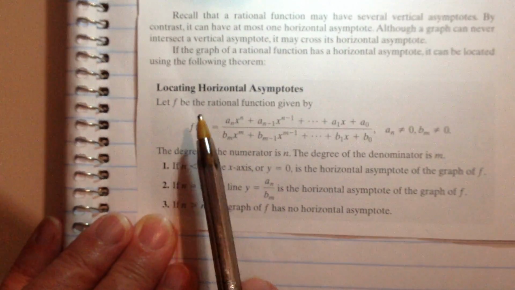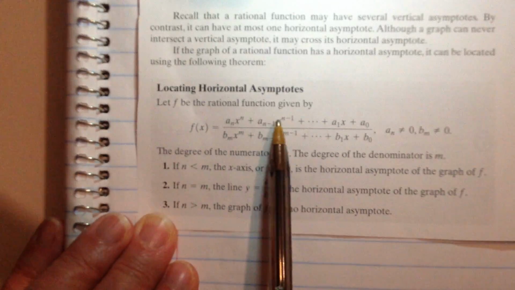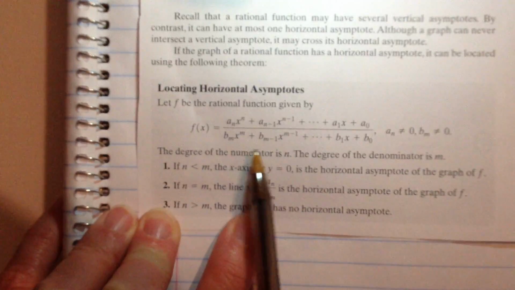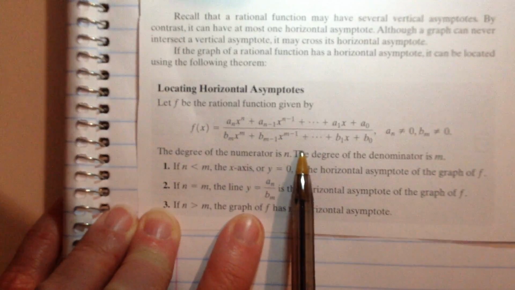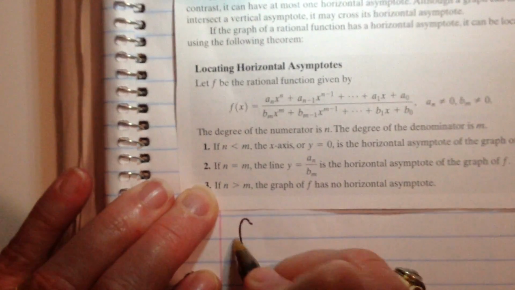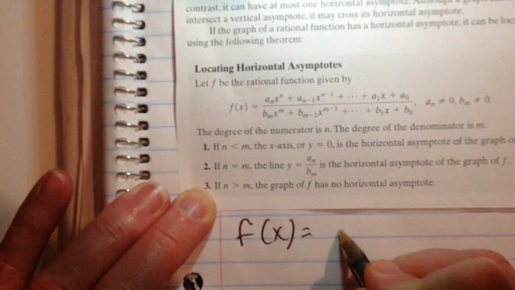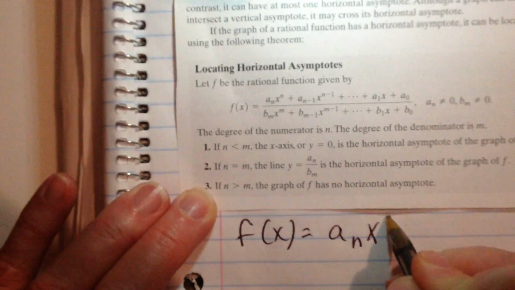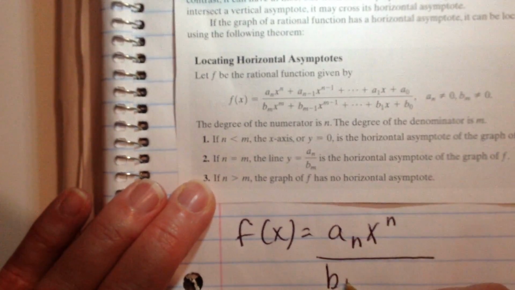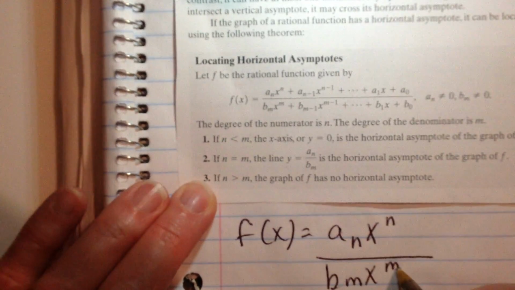It says let f be the rational function given by p of x over q of x, polynomials. Notice f of x equals a sub n x to the n divided by b sub m x to the m.